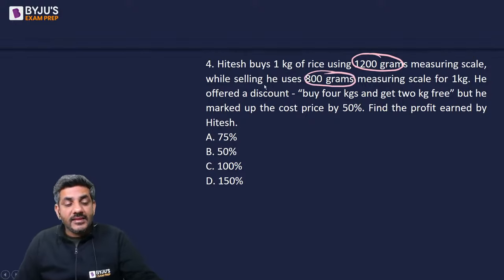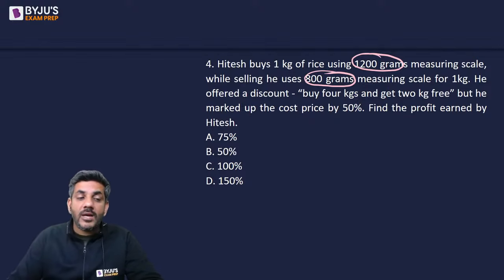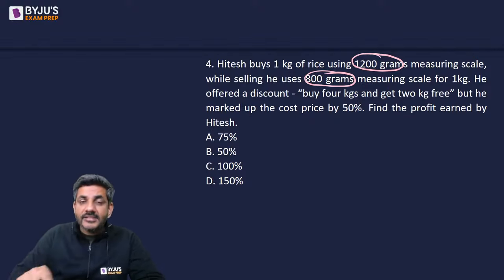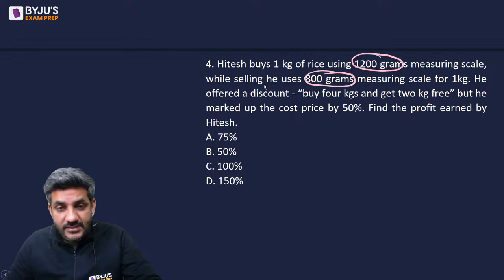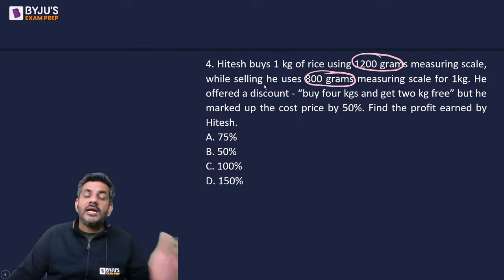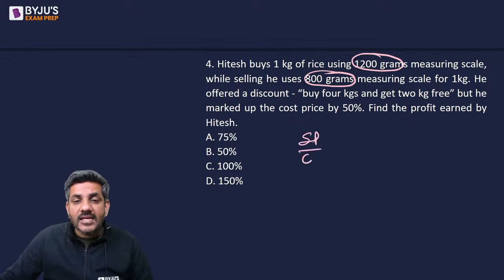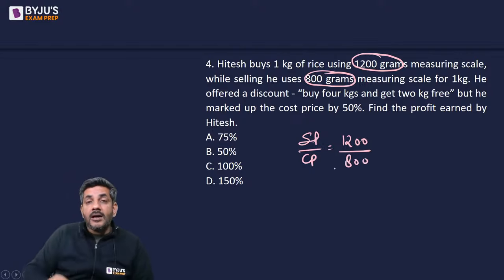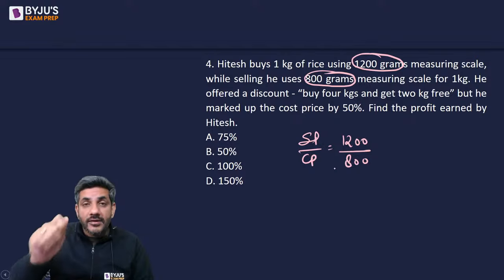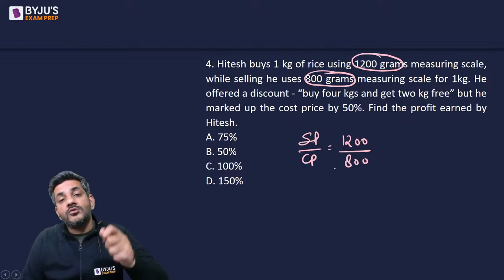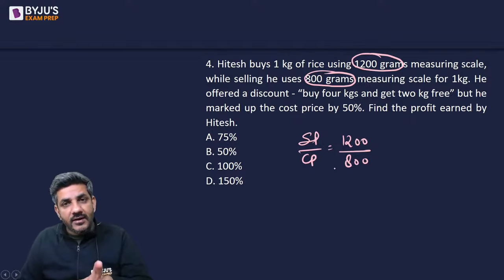So can I say the price at which he bought 1200, he is selling 800 at that price, right? He bought at 1200 and he sold at 800. So I can say the selling price divided by cost price is 1200 divided by 800. ध्यान दीजिएगा, the article that he bought, he called them as 1 kg, purchased 1200 grams.